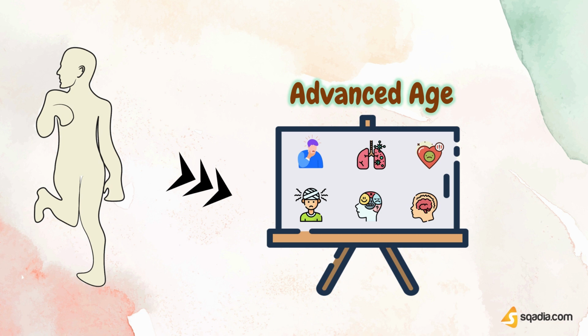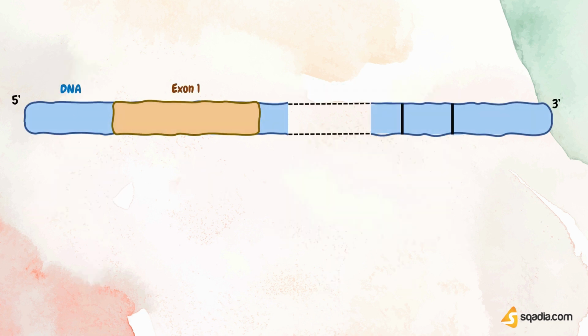Now let's discuss the etiology of Huntington's chorea. Normally, in the messenger RNA, the repeat unit is CAG. The normal range is 6 to 35.